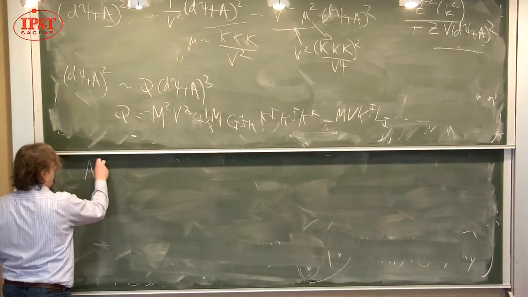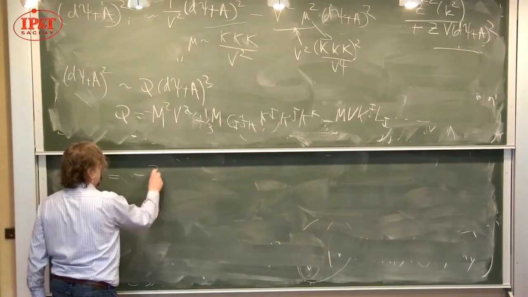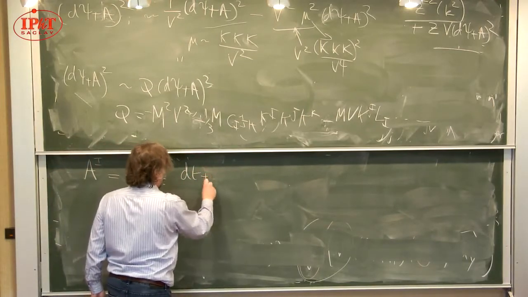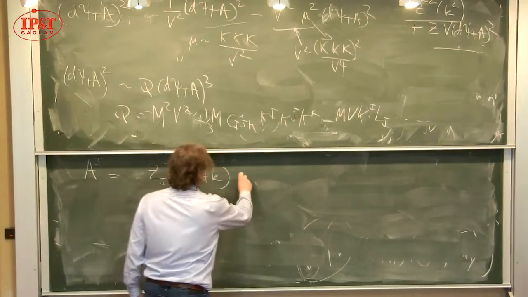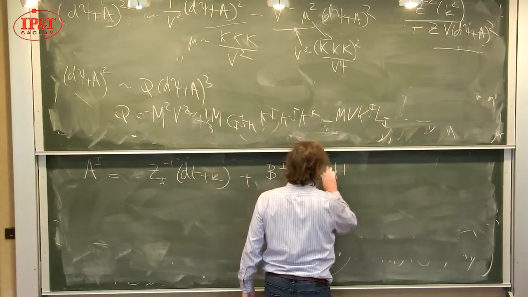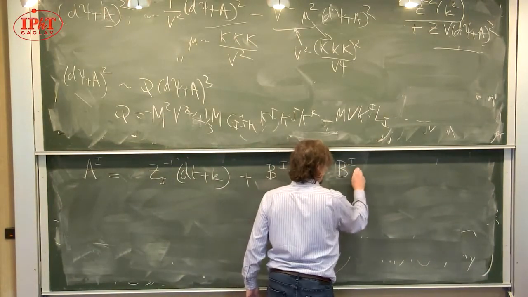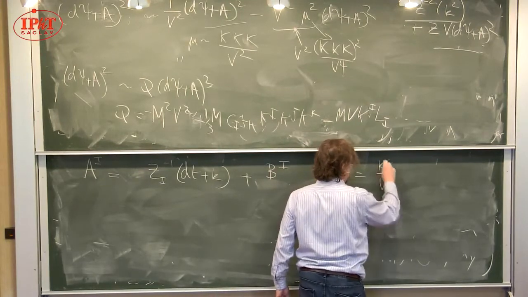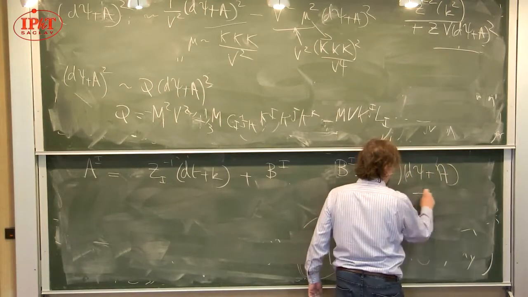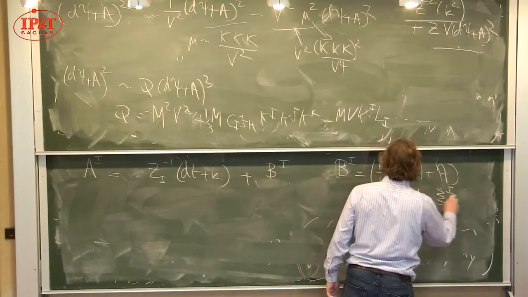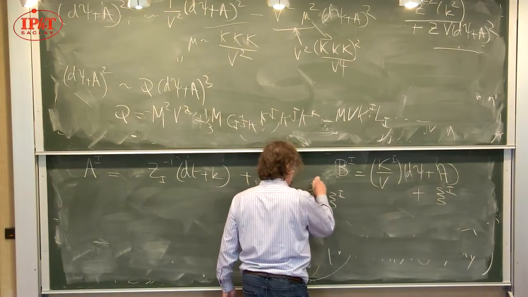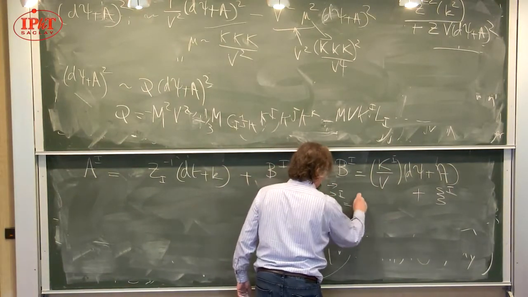I said A^I is equal to minus Z_I to the minus 1 (dt + k) plus B^I, and dB^I, and B^I is equal to k over v (dψ + a) plus ξ^I. That's k_I. And ξ^I has the property that the curl of ξ^I is equal to minus the gradient of k.